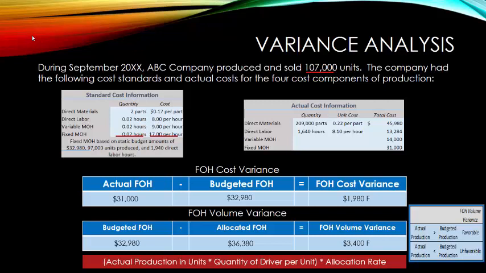And when we make and sell more units, it's got to be good for our company. So even though we allocated more overhead to this, that's good, because that means that we made more units during the period. So since our actual production of 107,000 units was greater than our budgeted production of 97,000 units found at the bottom of our standard cost information, our fixed overhead volume variance has to be favorable.